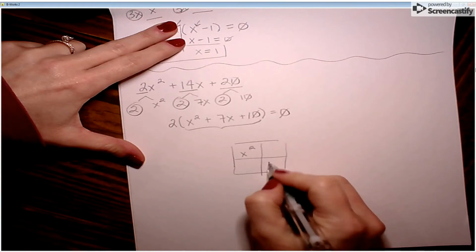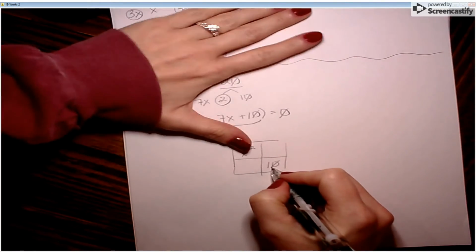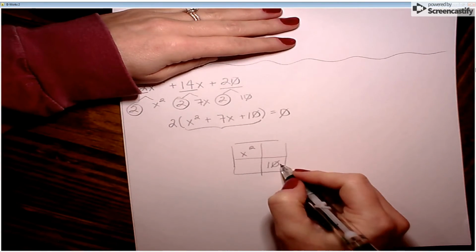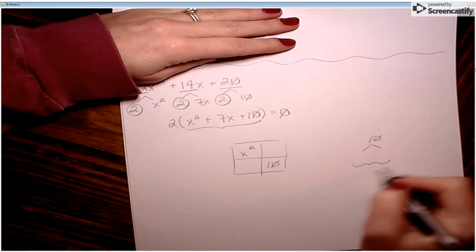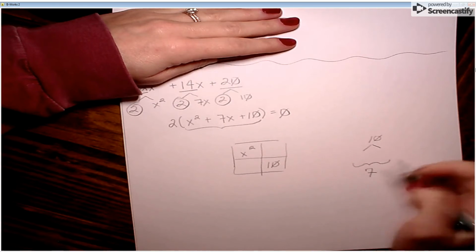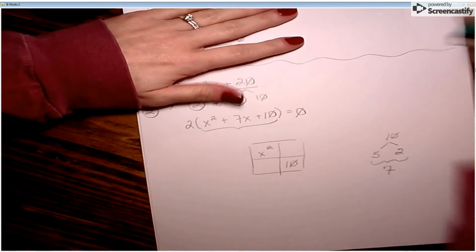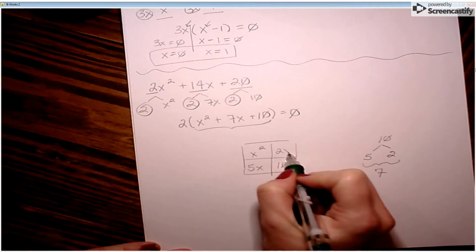So x squared and positive 10 are the boxes in the top corner and the bottom right corner. I have to break down 10 to somehow add up to make 7. The only way that can happen is if I do 5 and 2. So I'm going to have 5x and 2x.